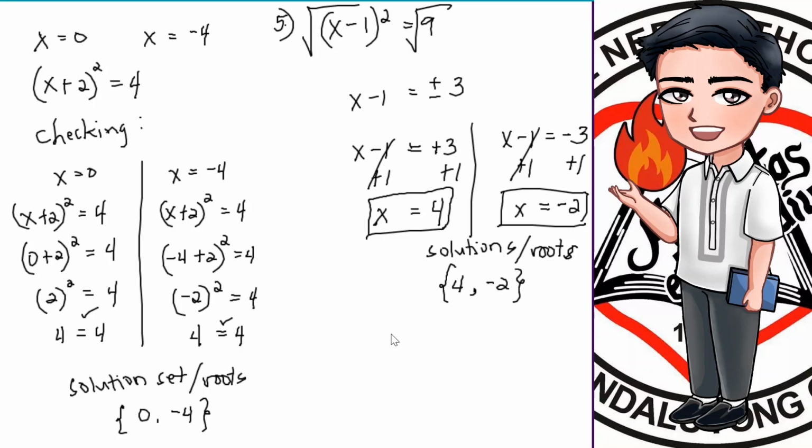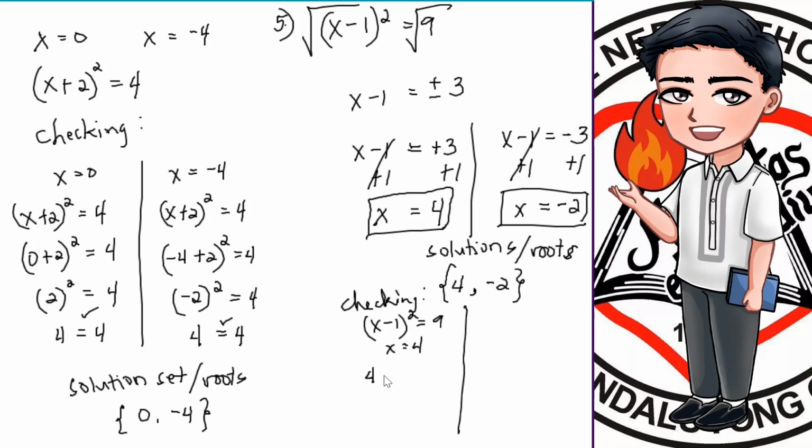Now let us check whether our values are correct or wrong. So checking, right? (x - 1)² = 9. If x is equal to 4, substitute the value of 4.